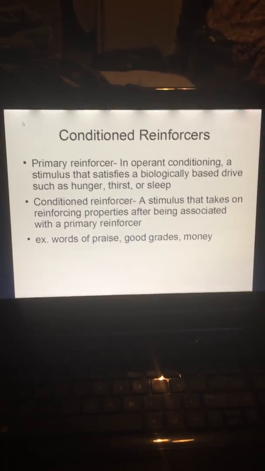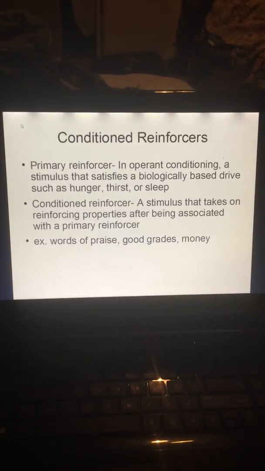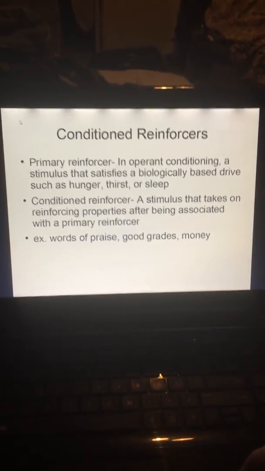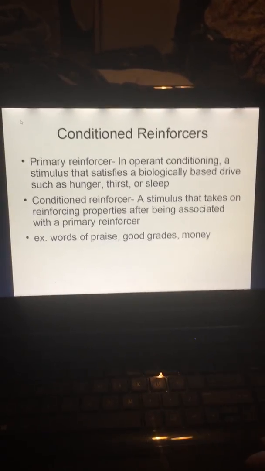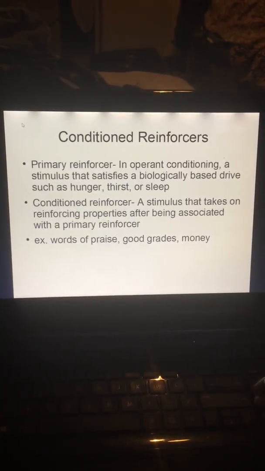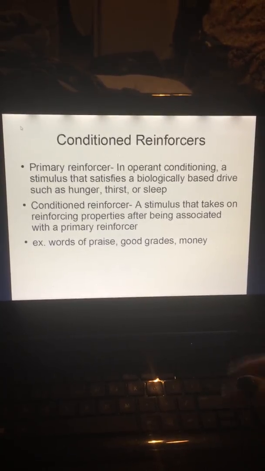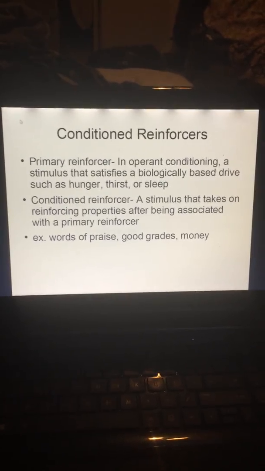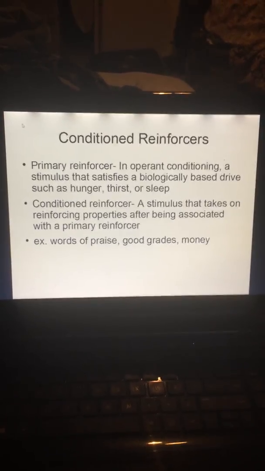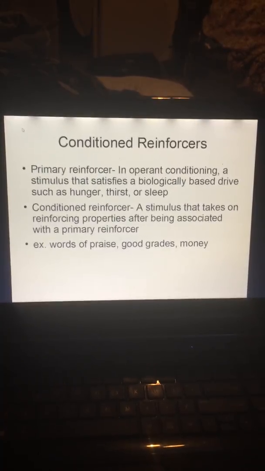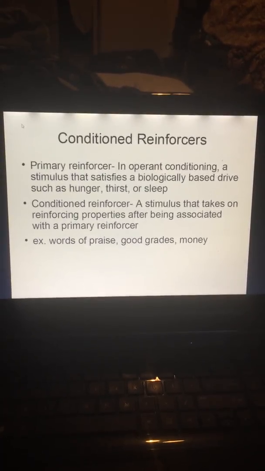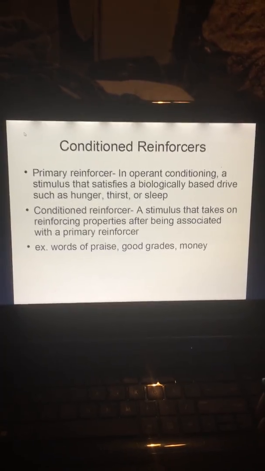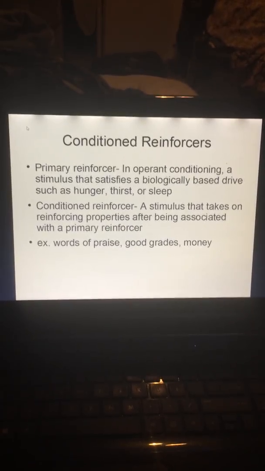I bet kids' allowances have increased since then, because $4 now won't buy you a hamburger, whereas $4 back then could buy me a whole bunch of treats on treat day at school. So money is only worth what we can buy with it, and that's why it's a conditioned reinforcer. It cannot meet our needs on its own.